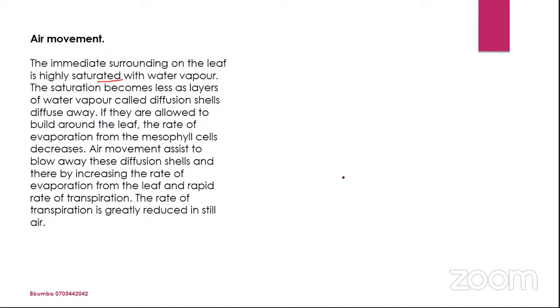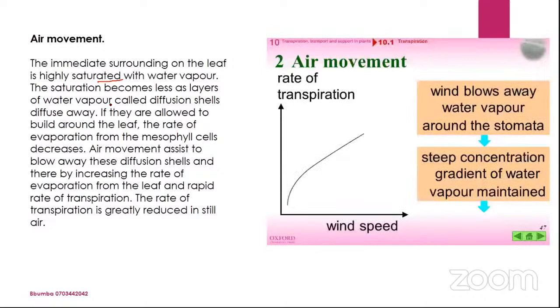I was still telling you that the air movement, the immediate surrounding of the leaf, is highly saturated. If it is highly saturated with water vapor, the saturation becomes less as layers of water vapor called diffusion shells diffuse away. Normally, a leaf will be like so, and I'm assuming you're having some stomata here on the surface.